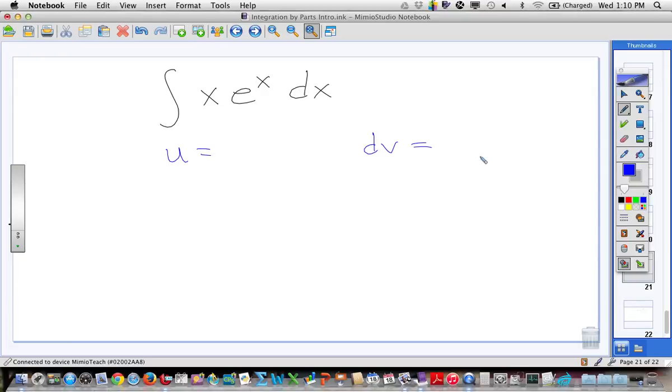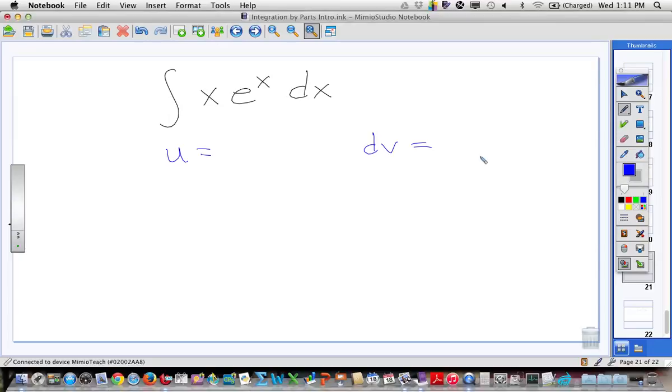Like, for example, we just said we don't know the antiderivative of log, right? So if I had an ln in here, would we want it for the dv? No. So we would for sure want to pick it for the u if we had a log, because we can easily do its derivative, but we can't do its antiderivative.